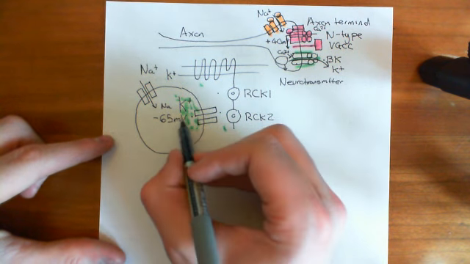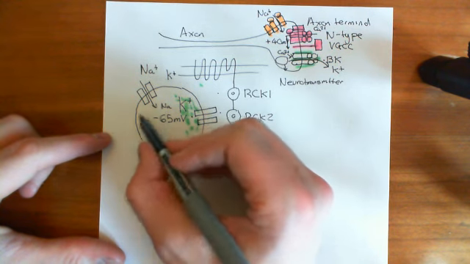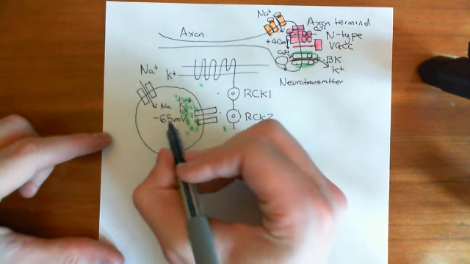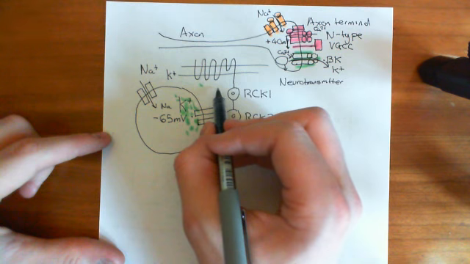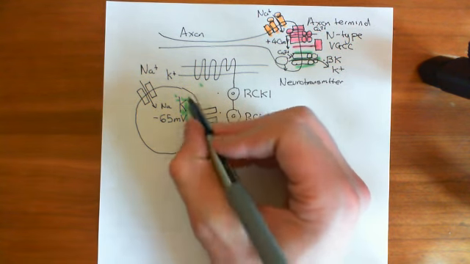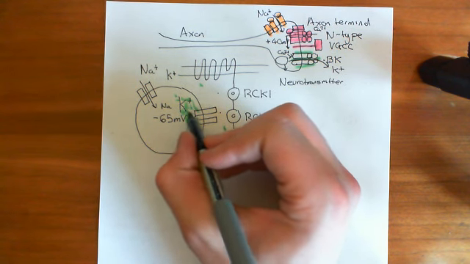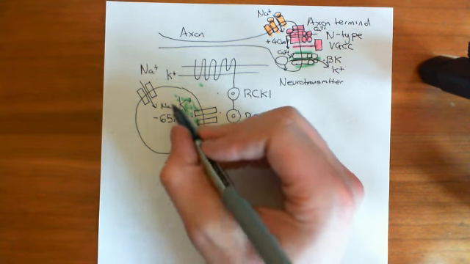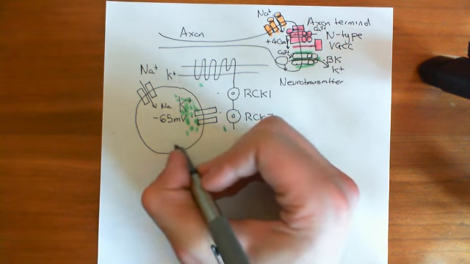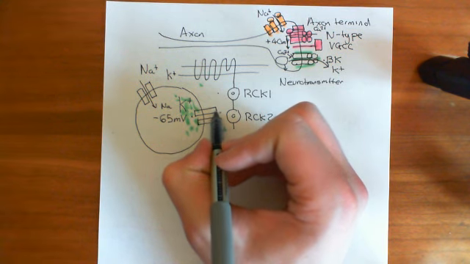Now, the electrical potential difference across the membrane is negative 65 millivolts. That means that the intracellular compartment is more negative than the extracellular compartment. Potassium has a positive charge and likes to be in areas of negative electrical potential. So the potassiums will want to stay here more. That is going to reduce the probability that a potassium ion in here will move out of here.